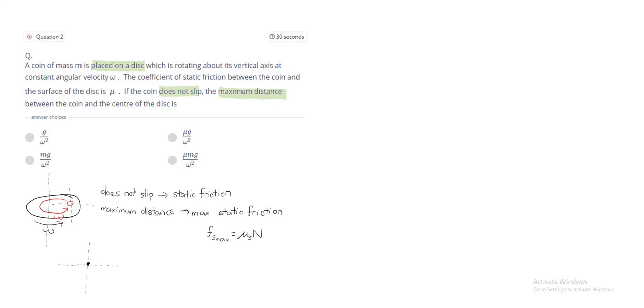Okay, so let's try to label all the forces being exerted on this coin. We have our weight as usual, the weight of the coin, and we have the normal force exerted by the disk on the coin. There's no force being explicitly stated.